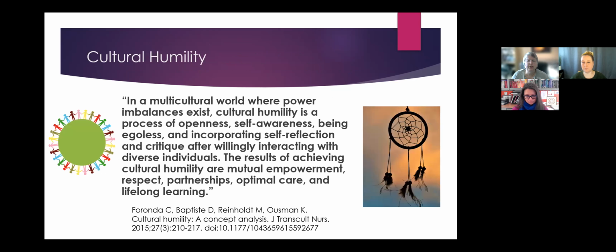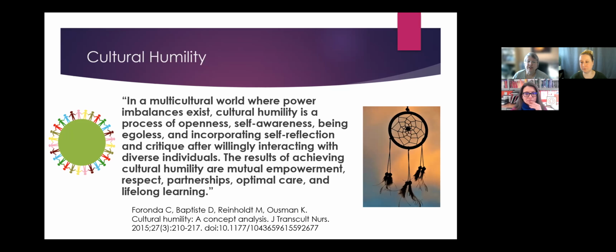So these were some really great definitions, so we're all on the same page. So I don't usually read from slides, but I really do like this one. In a multicultural world where power imbalances exist, cultural humility is a process of openness, self-awareness, being egoless, I love that one, and incorporating self-reflection and critique after willingly interacting with diverse individuals.